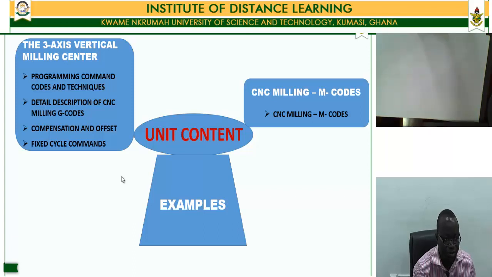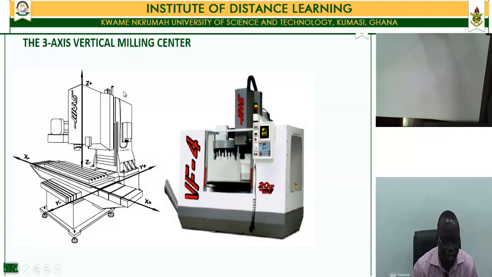For instance, if you are doing drilling or any of the fixed cycle commands like boring and all the other drilling operations, that is also categorized in a different way. And then we will look at the miscellaneous commands, which are called the M codes.